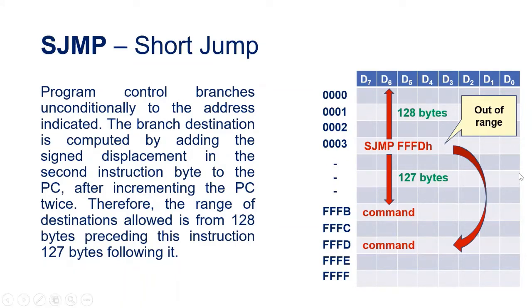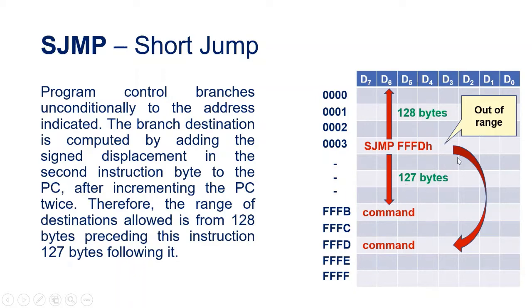The range of destinations allowed is from 128 bytes preceding this instruction and 127 bytes following it. So kung titignan natin dito sa illustration, say for example, sa memory address 0003H, nag-execute tayo ng sjmp FFFDH. Okay? So kung bibilangin natin yung bytes from 0003 papunta doon sa FFFB, it exceeds yung limitation natin na 127 bytes.